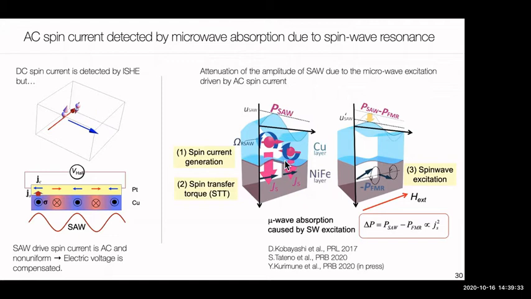If you choose the frequency of the surface acoustic wave to match the ferromagnetic resonance condition of the thin film, then we obtain the spin wave excitation. In such a situation, we have attenuation of the amplitude of the surface acoustic wave due to the microwave excitation driven by the AC spin current torque. This is a very nice idea.